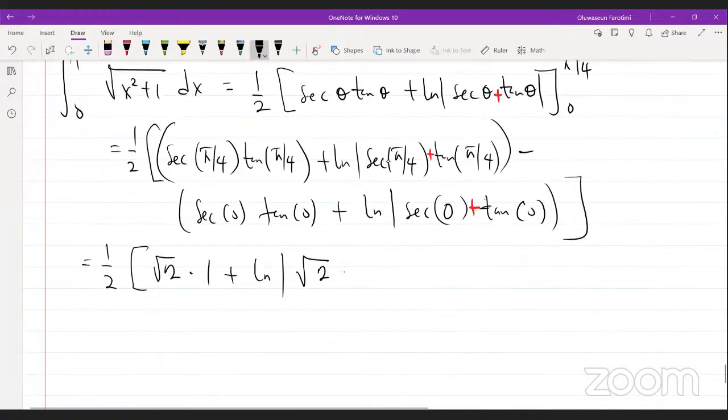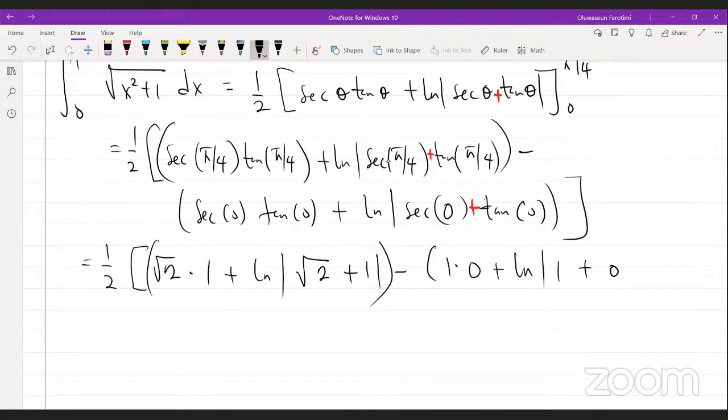So then I have a plus 1. Okay. Because tan of pi over 4 is 1. All right. So far, so good. This guy is the top. Minus, what about the bottom? Secant of 0 is 1. Tan of 0 is 0. Okay. Plus ln of secant of 0 is 1, right? Plus, what is tan of 0? You got a 0.